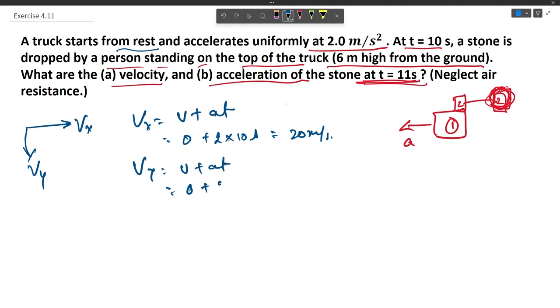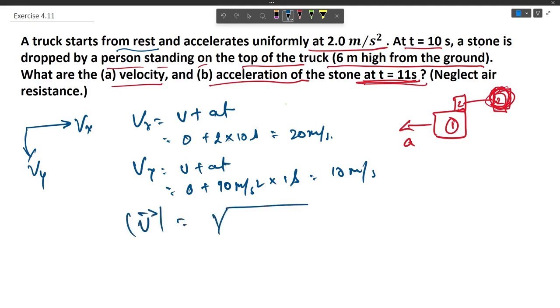So we can use 10 meter per second square for acceleration due to gravity multiplied by 1 second, so its velocity would be 10 meter per second. Now the magnitude of the resultant velocity vector can be given as square root of 20 square plus 10 square, and that will come out to be 22.4 meter per second.